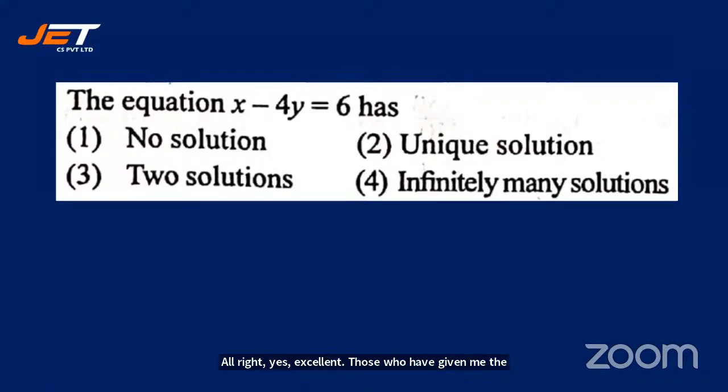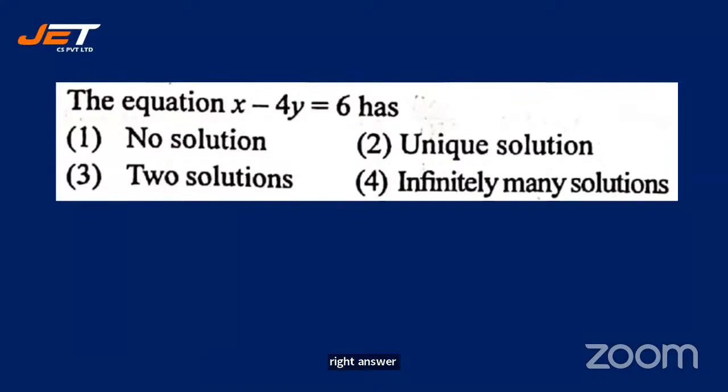The equation x minus 4y is equal to 6: it has no solution, it has two solutions, it has a unique solution, or it has infinitely many solutions. Is it clear? Let me see how many are going to give me the right answer.